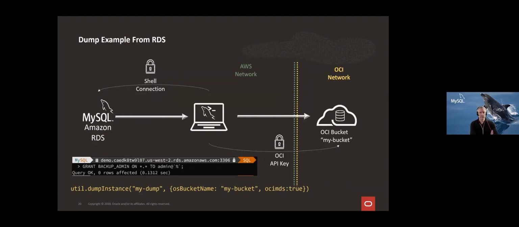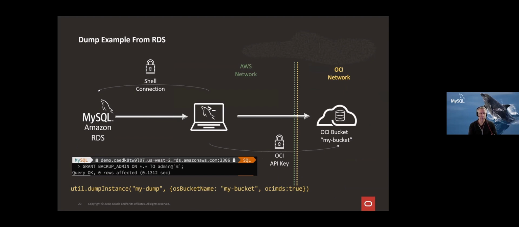So this is an example of how you would do this from RDS. One thing to be aware of is that to allow running the backup lock, which only locks the DDL basically, in RDS MySQL 8.0, you do need to run one command.